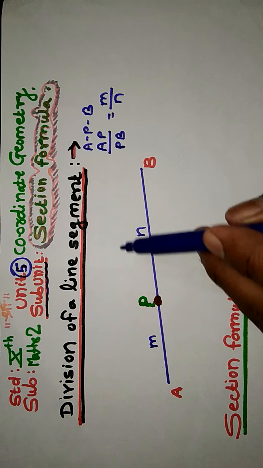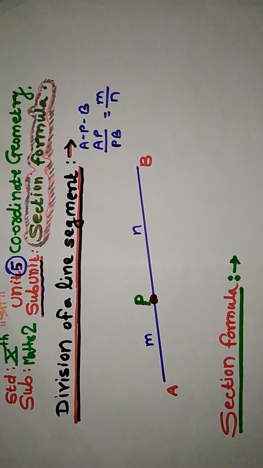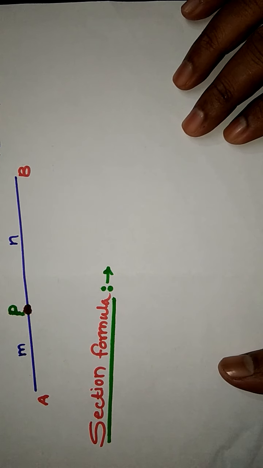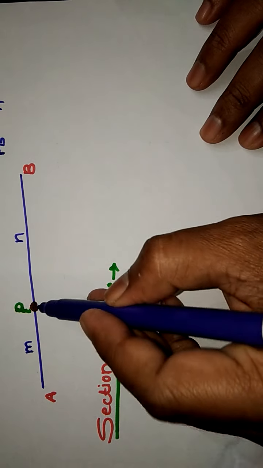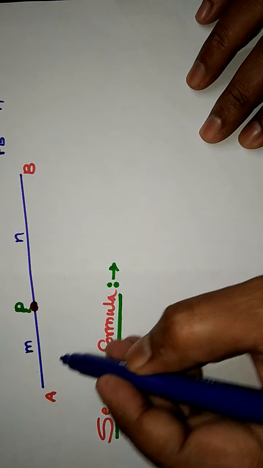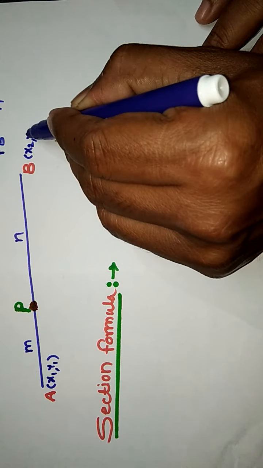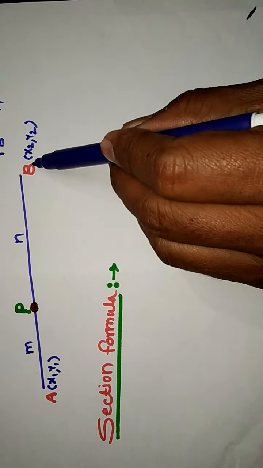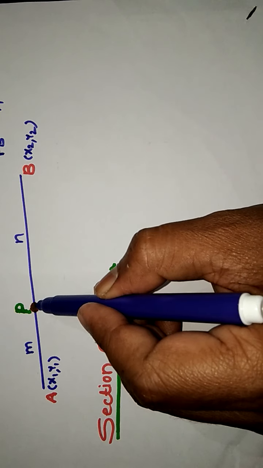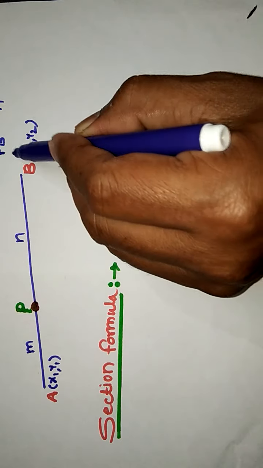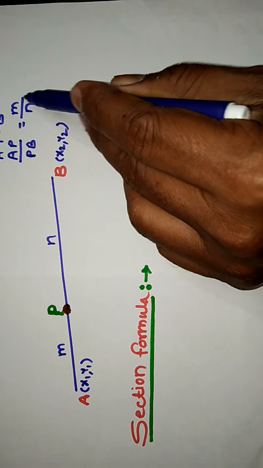Now using this division of a line segment, we see the section formula. See here, what is the section formula? AB is the segment and A has the coordinates x1, y1. B has the coordinates x2, y2. Means the endpoints of the segment whose coordinates are given. P divides AB in the ratio m is to n, means AP is to PB, AP divided by PB is equal to m is to n.